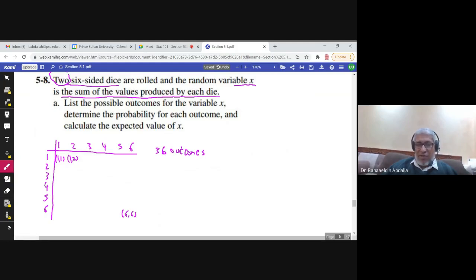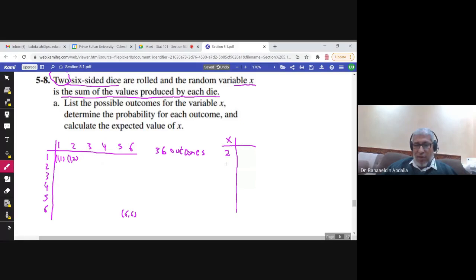X is the sum of values. Okay. So what would be the possible values of x? If you add 1 plus 1, you get 2. So you will not have 1. There is no 1 because there is no 0, 1. The smallest value of x would be 2, and it comes from 1, 1.